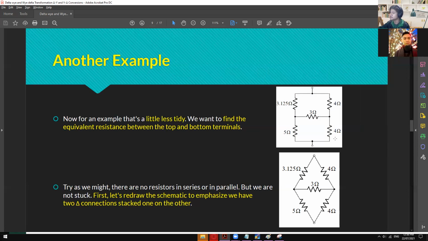If you take a look at this one closely, it seems you can already combine it, like this one is just in parallel. Or actually, you can't, because there is still a node here, so you cannot combine it like a series connection. You might assume that this one is in parallel with this one, this one is in parallel with this one, and this one is in parallel with this one. But that is actually already your hint.